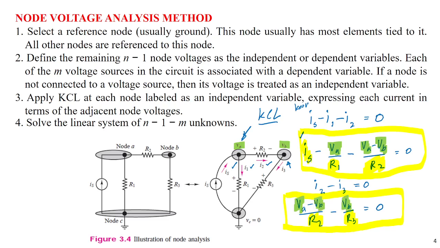How many equations? Two. Then can we solve for VA and VB? Yes. So with this methodology, we can solve for VA and VB by solving two equations in two unknowns. First, we need to formulate the equations, and the method is not complicated. We just follow the steps. I will show you an example.